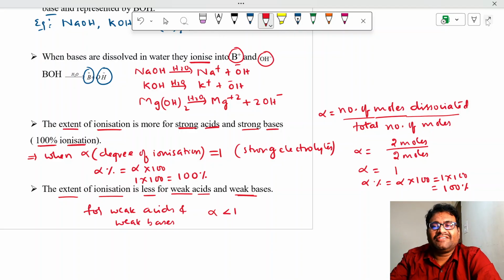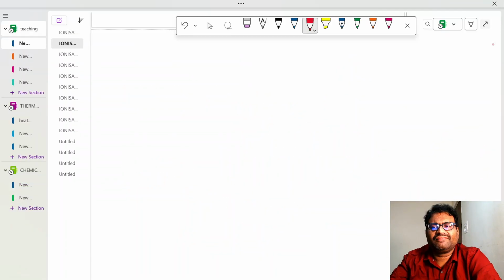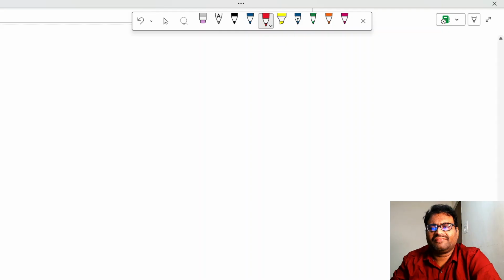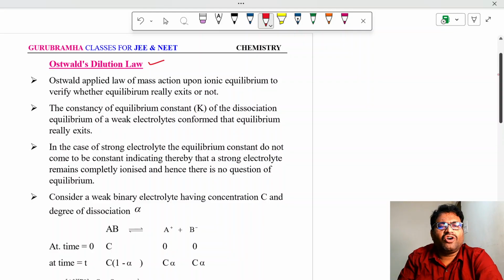Okay, so let us see. We are speaking about the Ostwald dilution law. What does this law say? See, Ostwald applied the law of mass action.